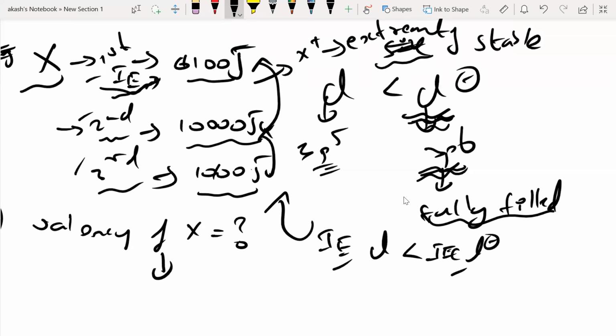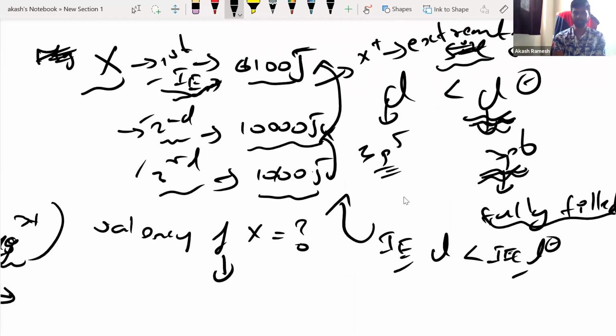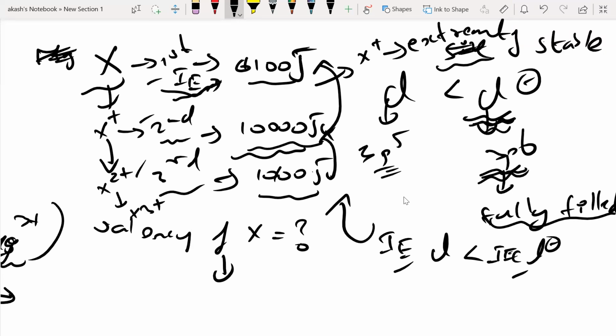This is for X, the first ionization energy. When I say second ionization energy, this is for X plus, and this is for X2 plus, third ionization energy. So once you form X plus by supplying 100 joules, for changing X plus to X2 plus you are spending 10,000 joules. You jump. But from X2 plus to X3 plus, again it is only a little increase.